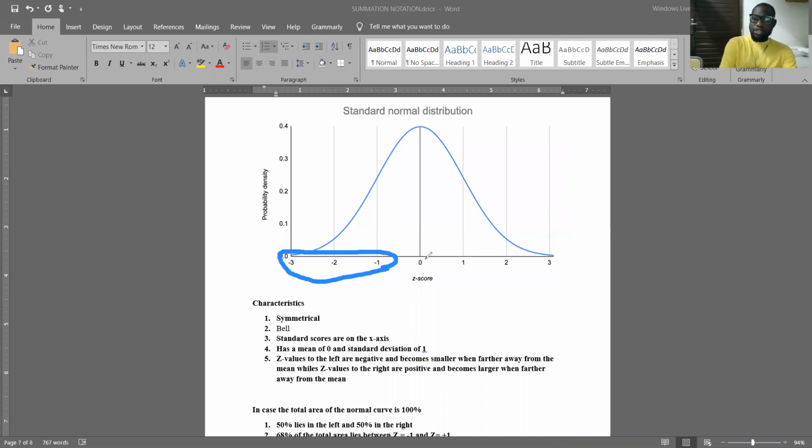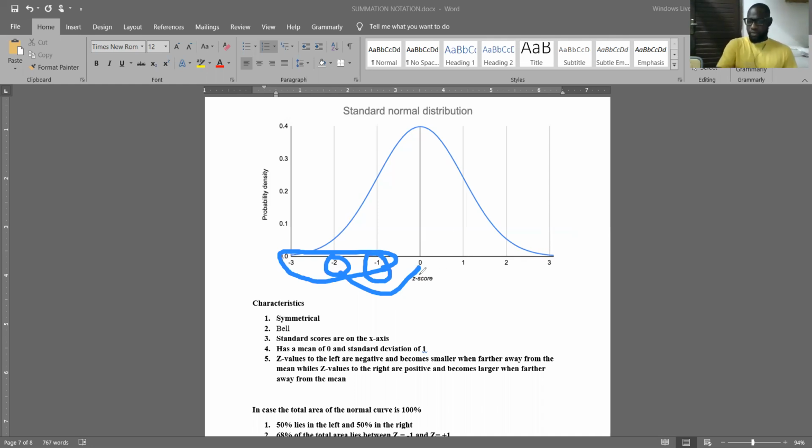As they get farther away from the mean, for instance -1 is farther from the mean of 0, and -2 is very low compared to -1. So as they get farther away from the mean, they have smaller values.